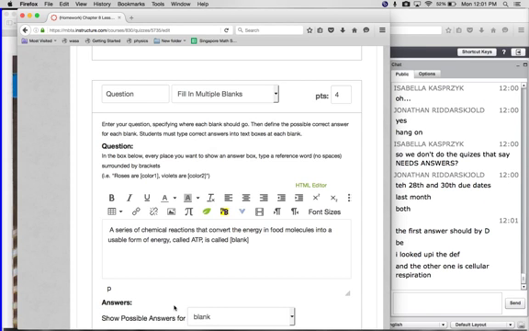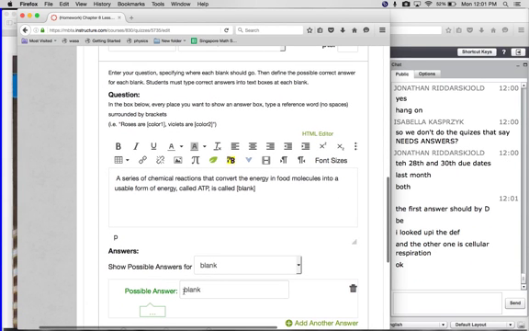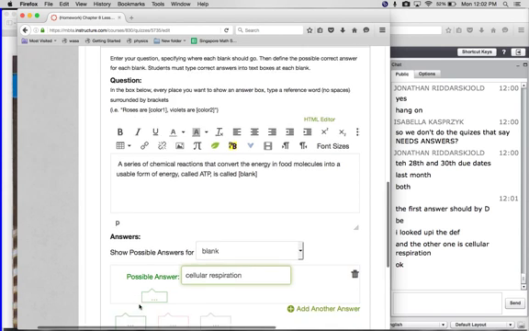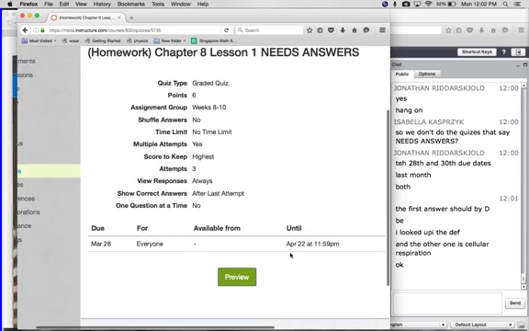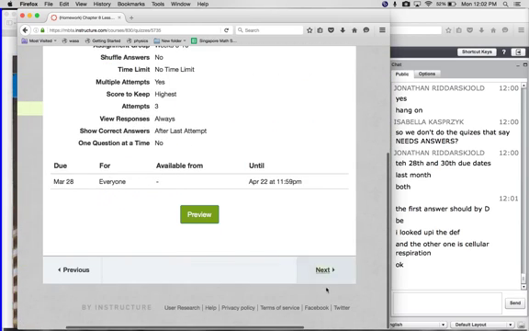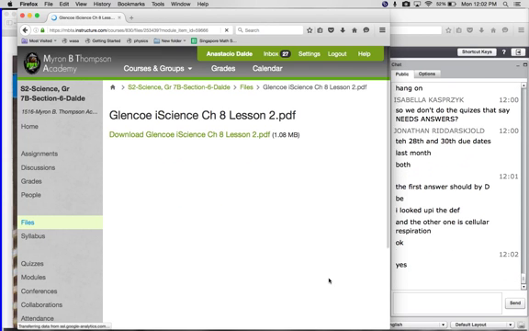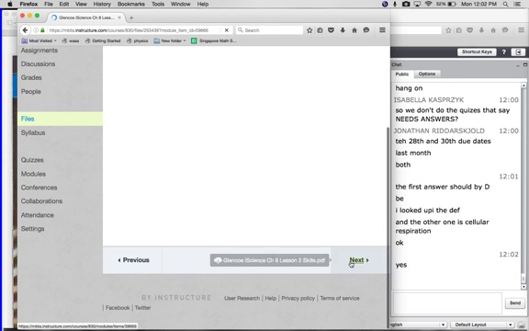It's cellular respiration, and I put the word blank. You're right. All right, and you said the next one was junk? Okay, let's fix that. I apologize.